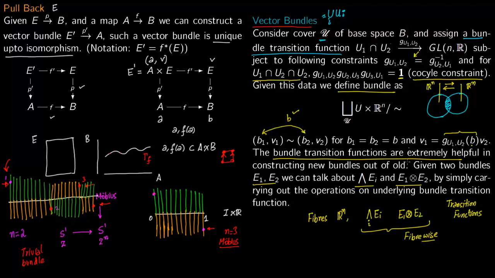This definition carries itself. So if you take the exterior product of some fibers in R^n, or take their tensor product, then the matrices will act accordingly on the exterior product and the corresponding tensor products. So the definition just carries itself. So whatever operation you want to do fiber by fiber, you also do it on the transition functions. So at least for these two things it holds.